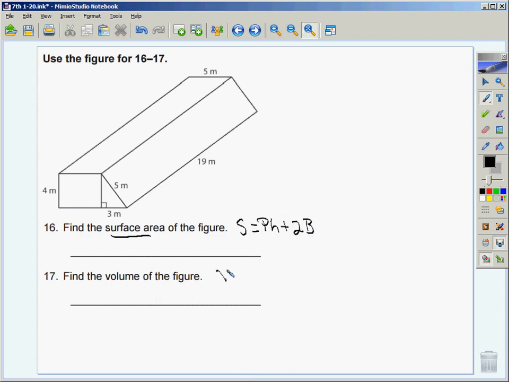On the other one, they want me to find volume. I have both formulas written. What am I going to identify in my shape? The height, which in this case is 19.